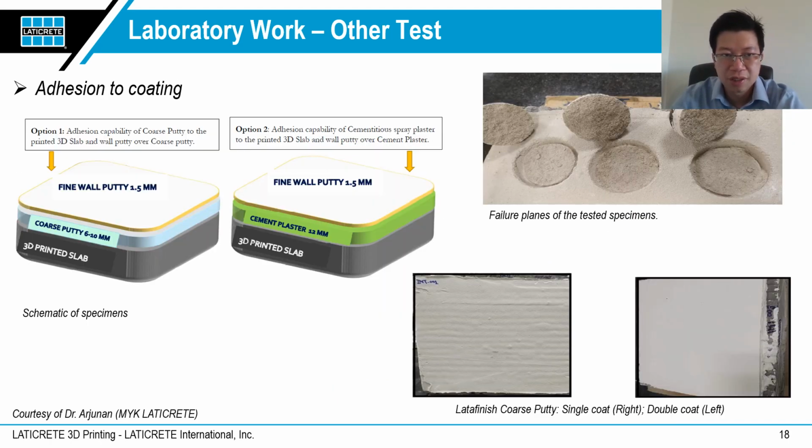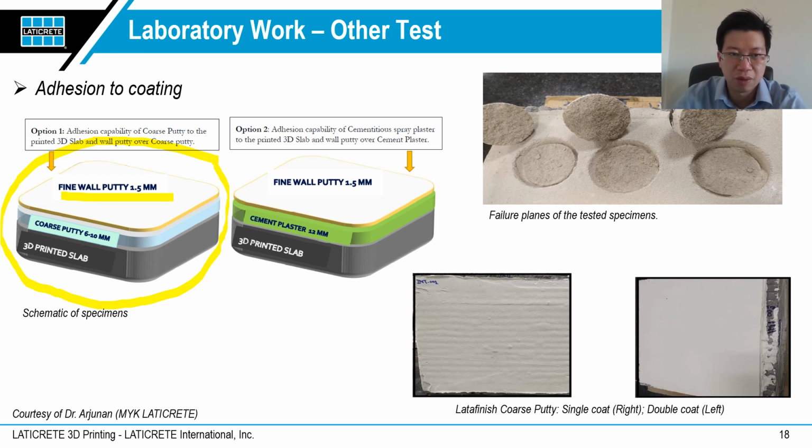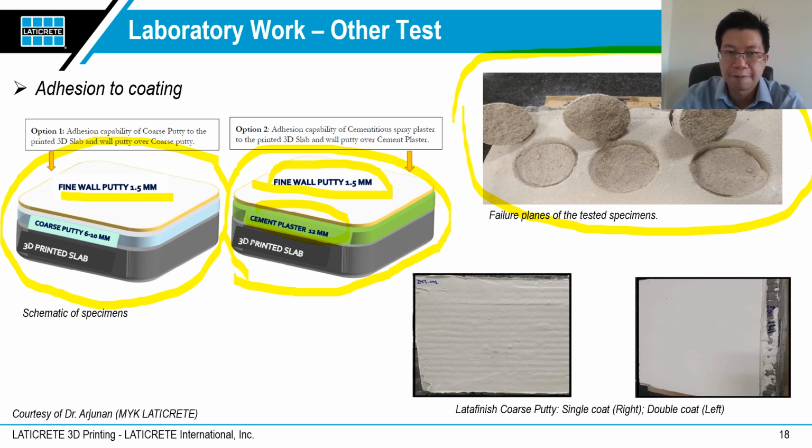Furthermore, we also tested the compatibility of our printed structure with coating. So the printed slab, it can be seen from the pictures, two specimens were tested. One is coated with coarse putty and finished with fine wall putty. The second one is coated with cement plaster and also finished with the fine wall putty. So again, the specimens were subjected to tensile tests.